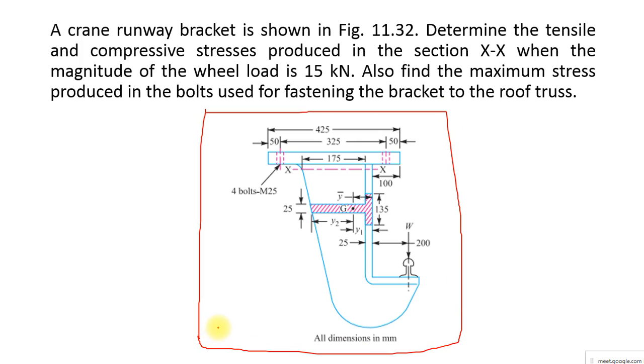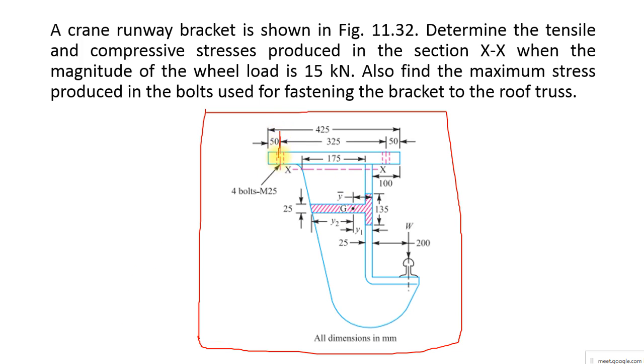Can anyone tell me how the axis of the bolt is related to the load which is given? To repeat the question, how is my load with respect to the axis of the bolt? Is it parallel, perpendicular, or on the plane? Parallel, sir. Okay, parallel. How do we say it is parallel?